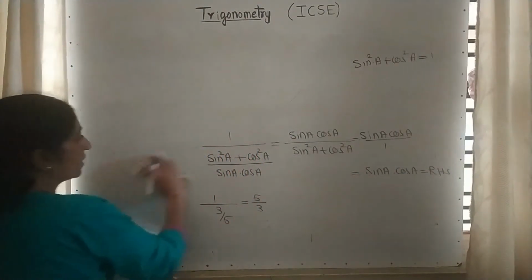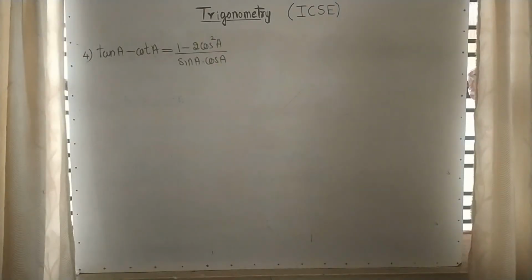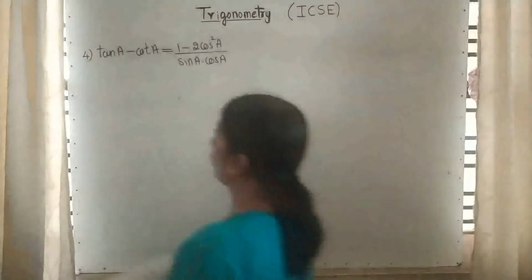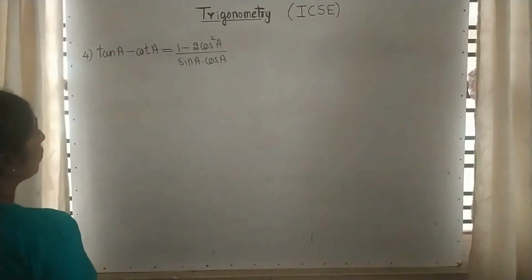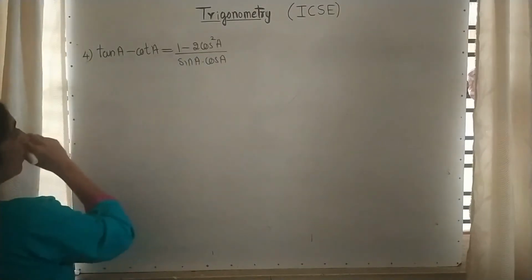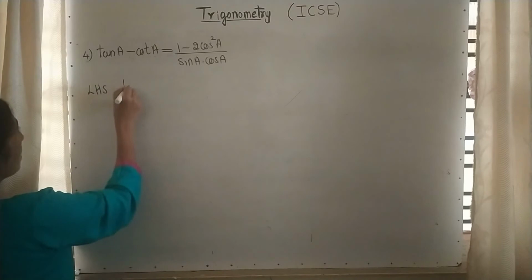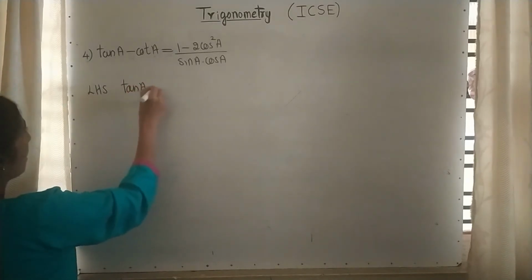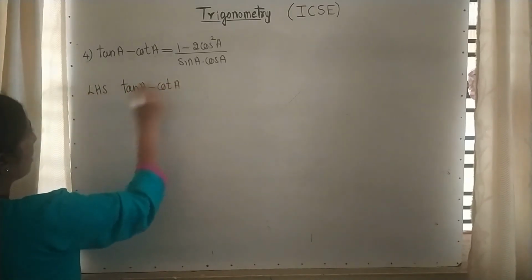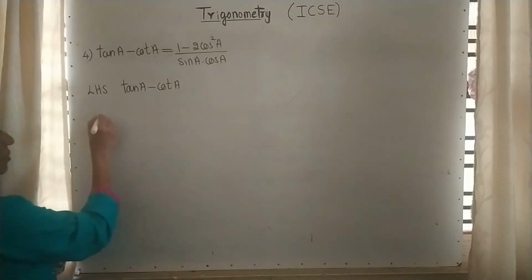Moving to the next question, the fourth sum. Tan A minus cot A is equal to 1 minus 2 cos square A upon sin A into cos A. As usual, write down the LHS: tan A minus cot A. Convert this tan and cot in terms of sin and cos.